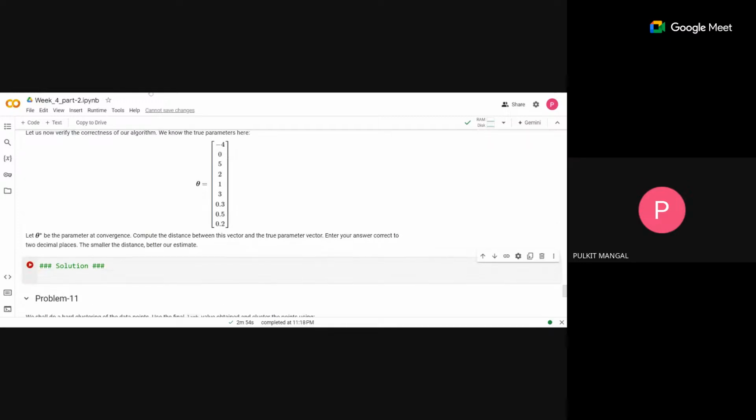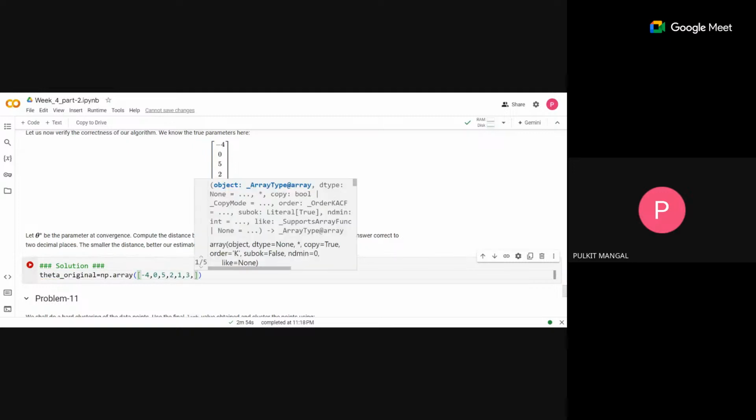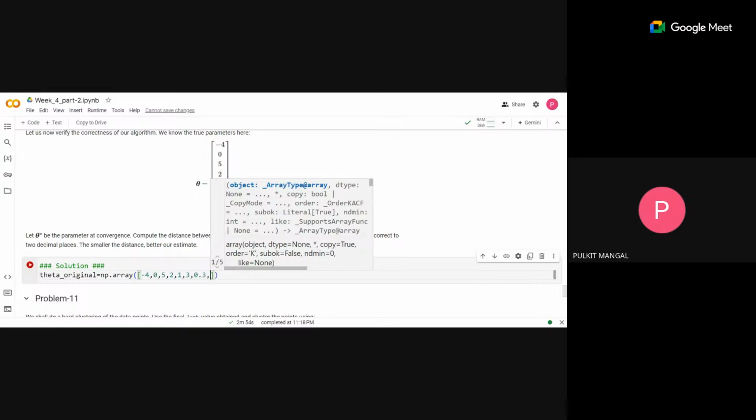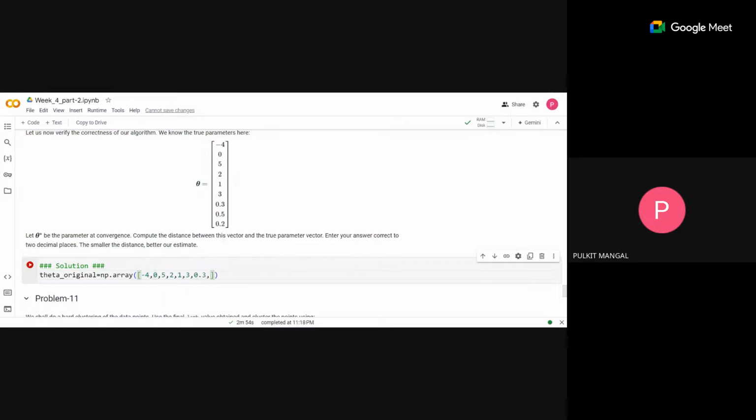It is simple. We have to first define theta original, that is a numpy array: minus 4, 0, 5, 2, 1, 3, 0.3, 0.5, 0.2.